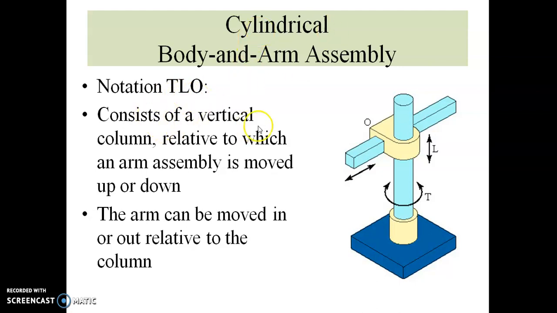The cylindrical body-arm assembly consists of a vertical column relative to which the arm assembly is moved up or down. With the help of the T joint, the arm assembly can be moved up and down, as well as the arm can be moved in and out relative to the column.